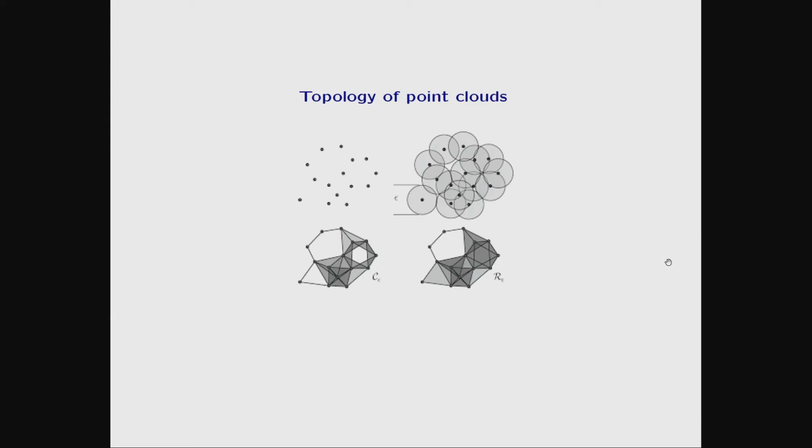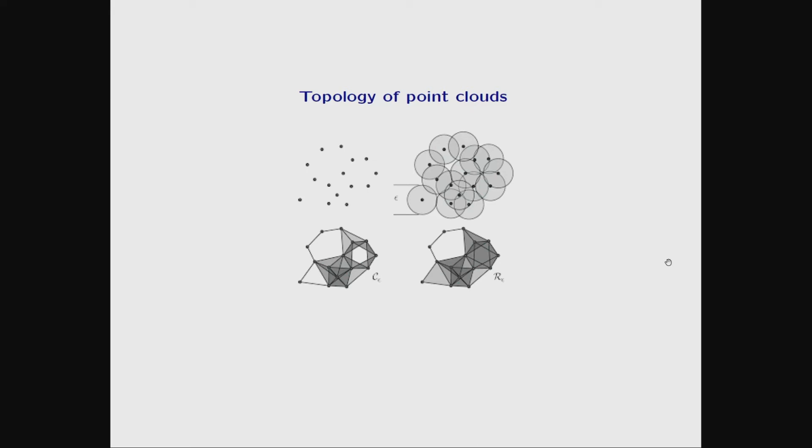I guess this is the picture here. I have drawn an epsilon ball around each of these points, and now I get some shape here that I might think of as representing the shape of the point cloud. Now, this is important for later. What shape this is, of course, depends very heavily on the epsilon I choose.